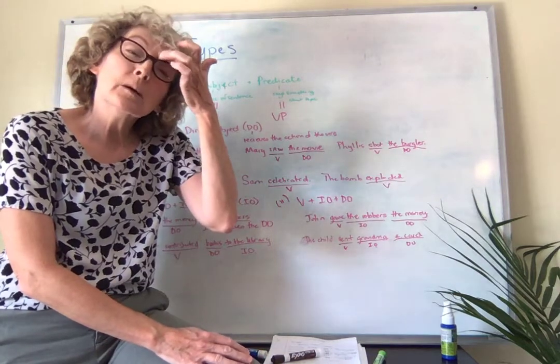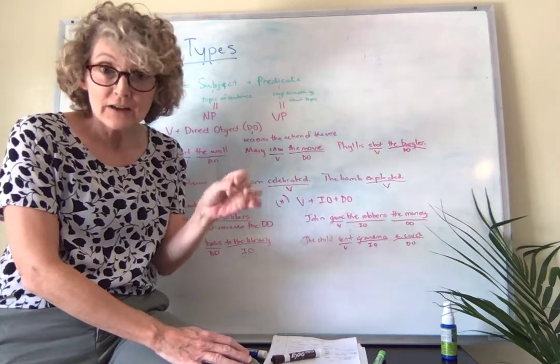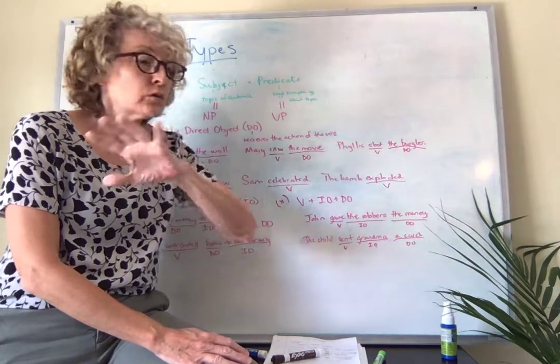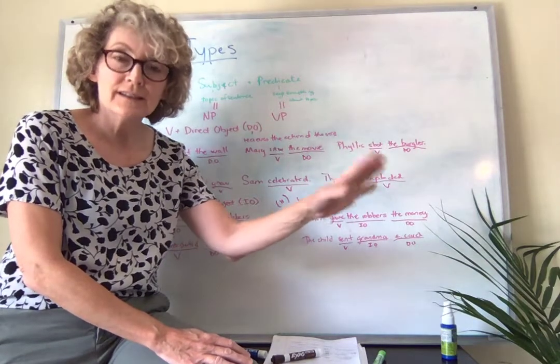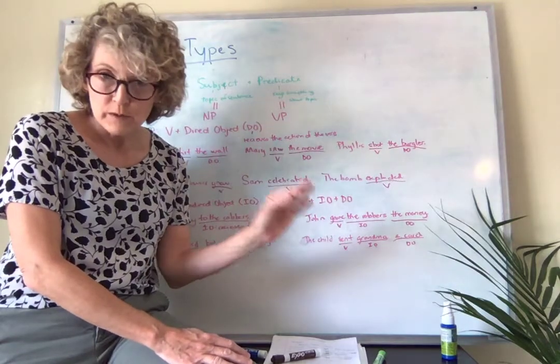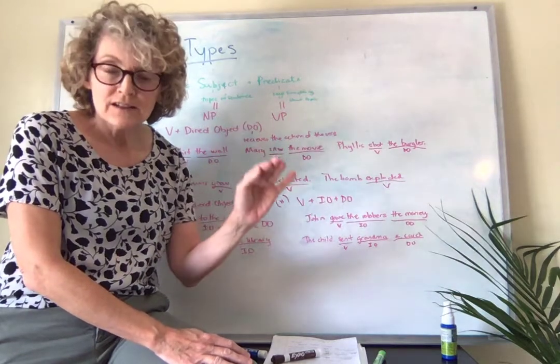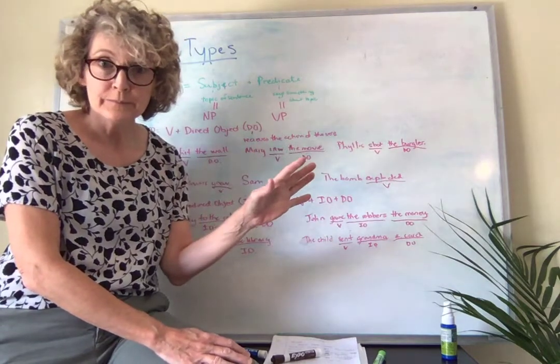So if you always think about it as the direct object receives the action of the verb, that will always tell you what the direct object is in the sentence. Nothing else can ever be receiving the action of the verb, only a direct object.